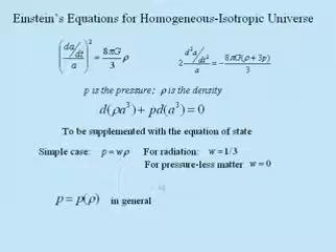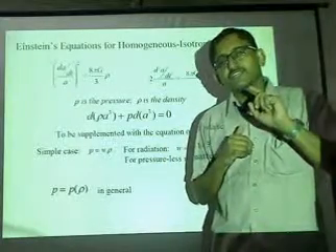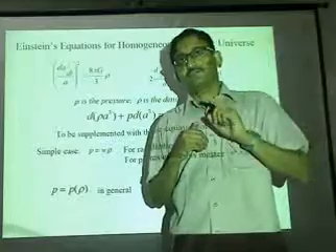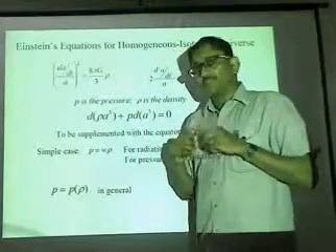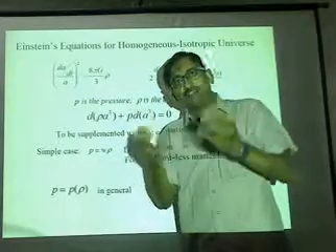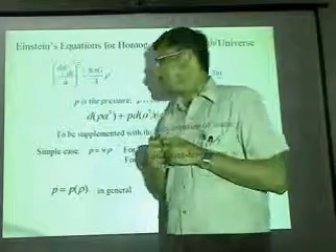I have taken here the speed of light to be 1, which means that all velocities I will measure as fractions of the speed of light. And so this rho A cubed is not only a measure of mass in this volume, it is also a measure of total energy in this volume.